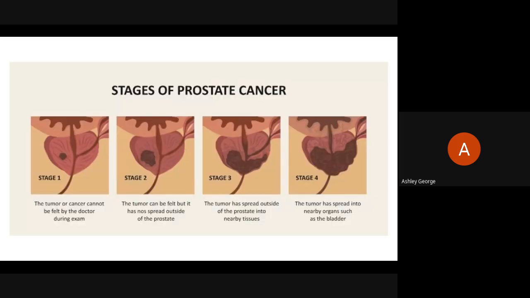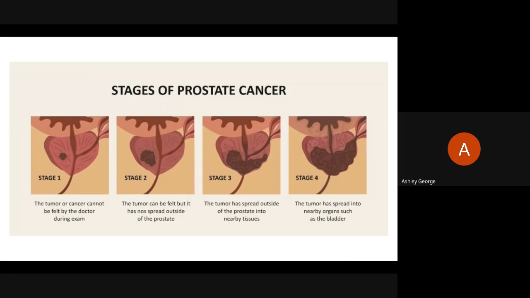So getting into some of the stages of prostate cancer, the staging is similar to how one would stage other types of cancer. So stage one is where the cancer is small and confined within the prostate. It's often found either during biopsy or surgery for other benign conditions.